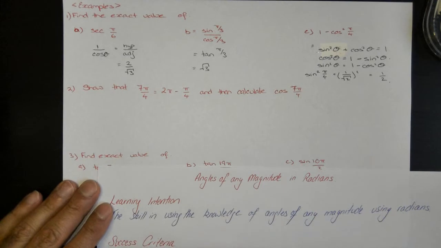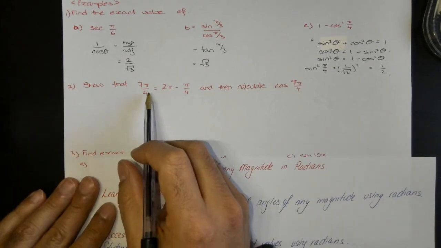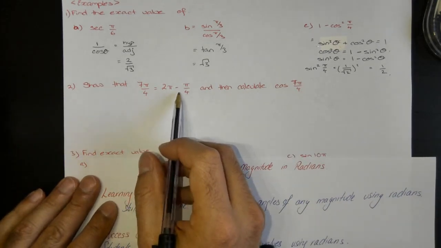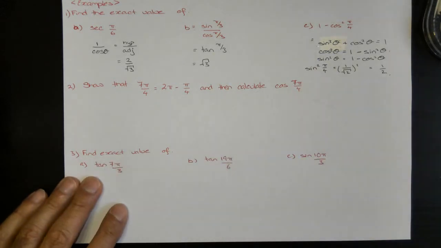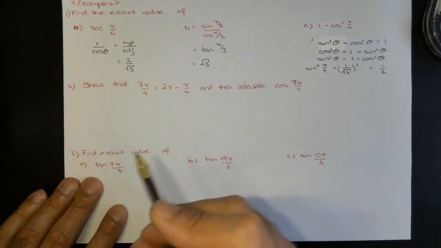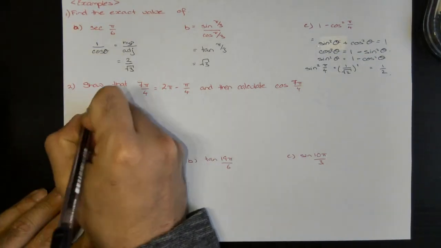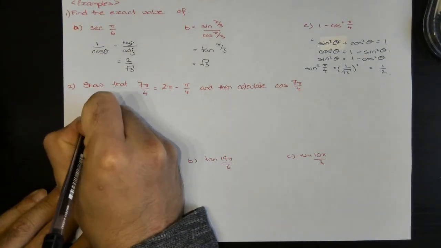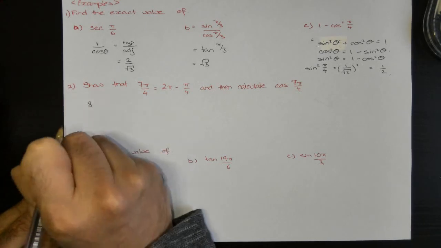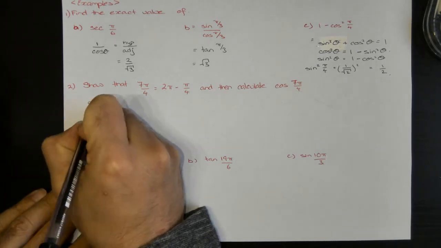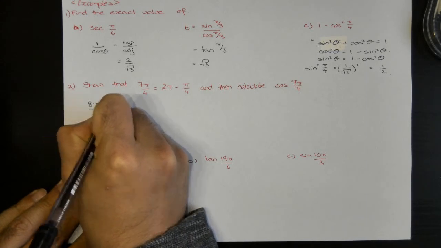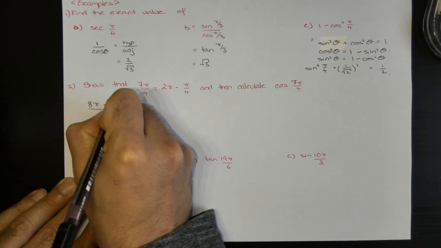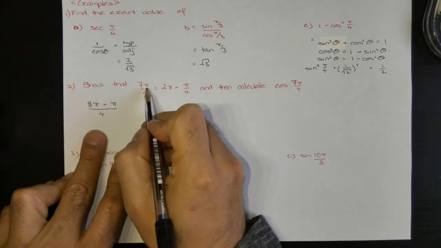Now we want to show that 7 pi over 4 equals 2 pi minus pi on 4. I can do that by stating, if I had 8 pi minus pi, that would be 7 pi.